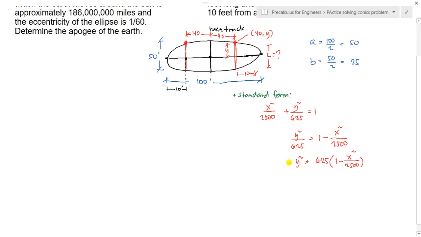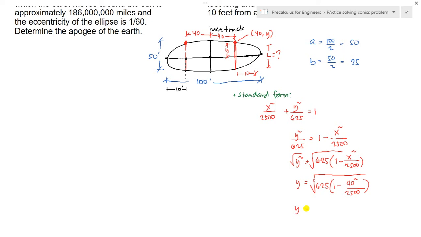Taking the square root, we have y is equal to the square root of 625 times 1 minus, with x value 40. So we have 1 minus 40 squared over 2,500. So our y to solve is 625 times 1 minus 40 squared over 2,500.